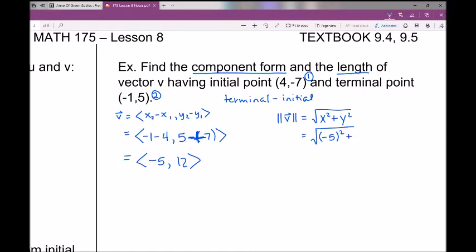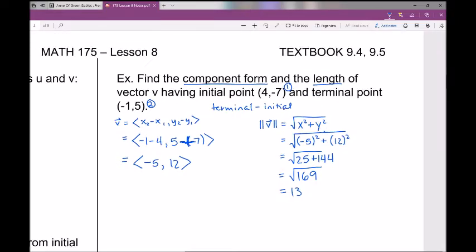And the vertical component of our vector is 12, so what we get is (-5) squared plus 12 squared. And simplifying this, we get the square root of 25 plus 144. And again, simplifying, we get the square root of 169, which is 13. So just like when we did complex numbers, you want to go with the positive version of the square root because we are talking about a distance. And distances will always, always, always be positive.